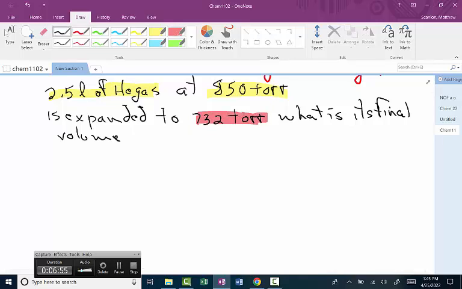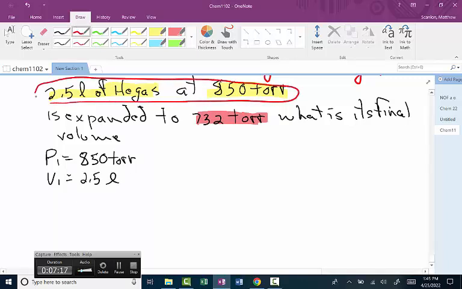To do this, I write down what I know. P1 is 850 torr, and V1 is 2.5 liters. These are what the gas is initially at. You could call it P initial and V initial. P final equals 732 torr, and I want to know what V final is.